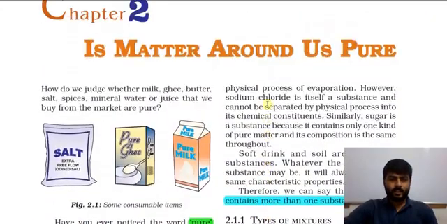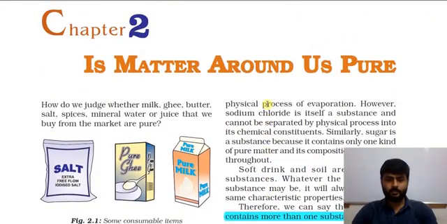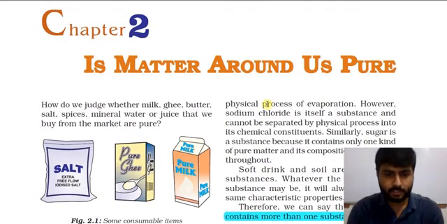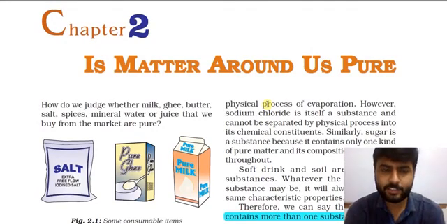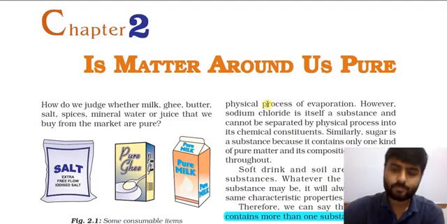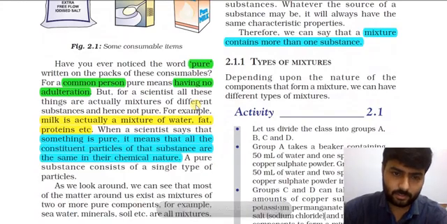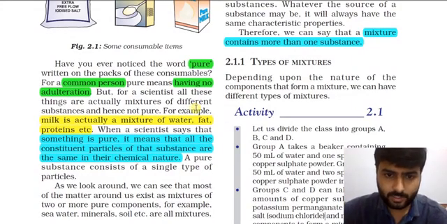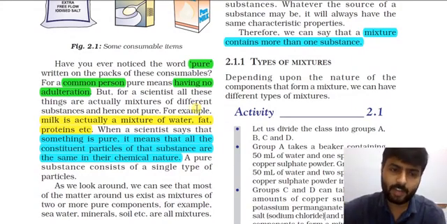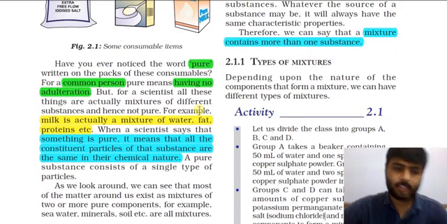So in today's lecture we have seen the word pure is different in scientific language and layman language. The word pure is different for us in general life and in scientific language.